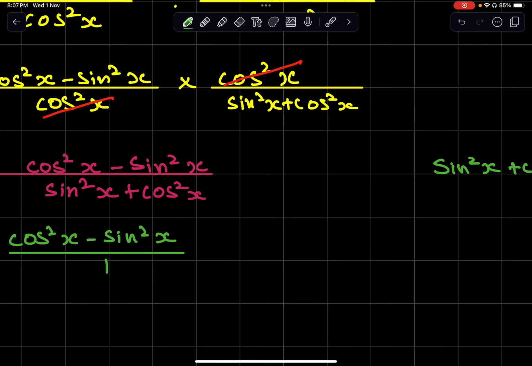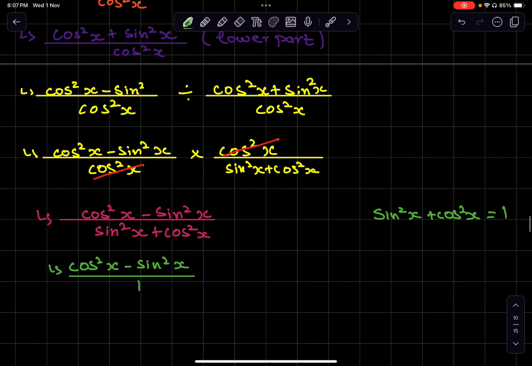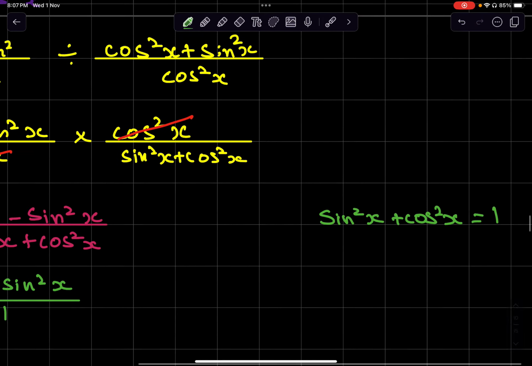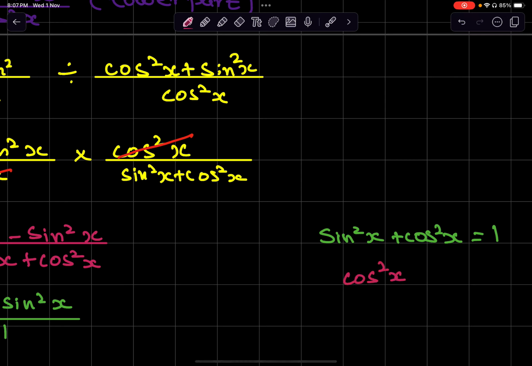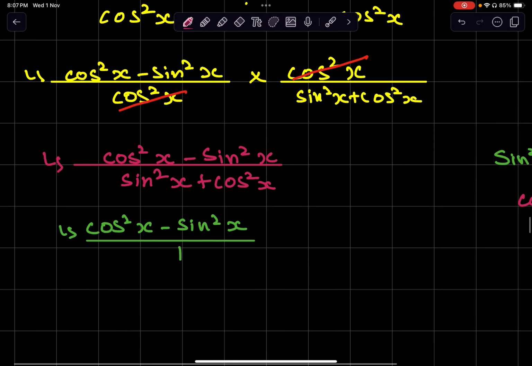Now I told you the very first thing before even solving the question that we have to give our answer in terms of sine square. So as you can see, we have cos square x. Basically what we are going to do is rearrange this equation. That is really easy. You get cos square x equals 1 minus sine square x, and input this value for cos square x. So you would get everything in terms of sine square x. Let's do it.